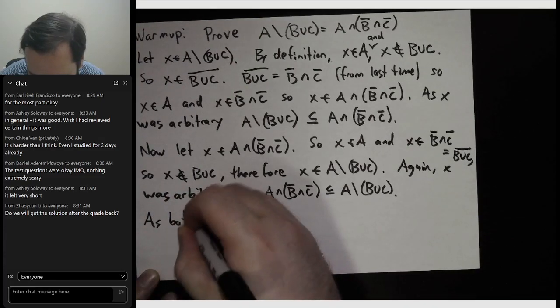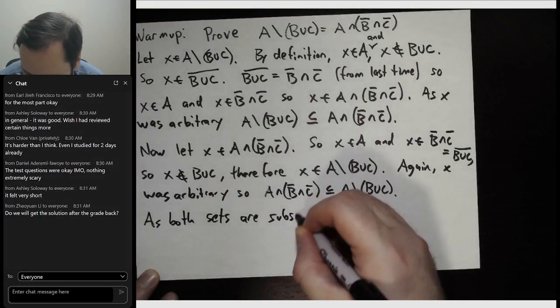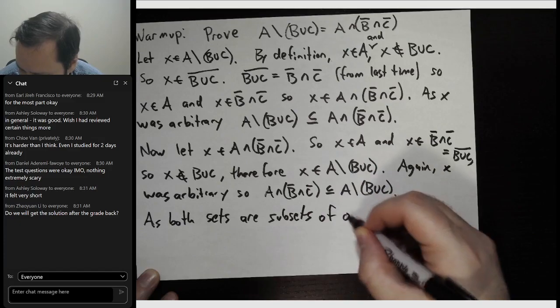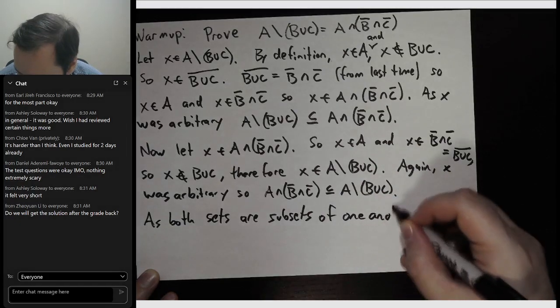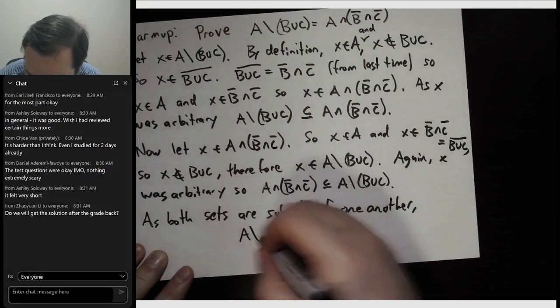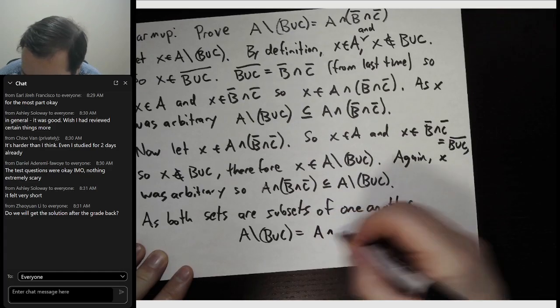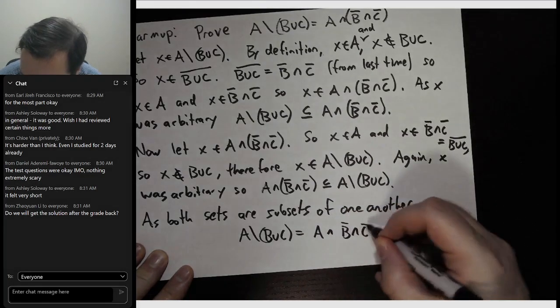As both sets are subsets of one another, we get to conclude A without B union C is equal to A intersection B complement intersection C complement.